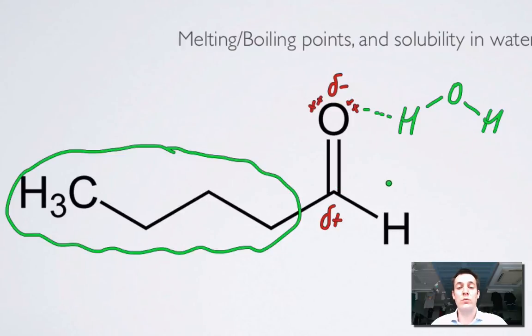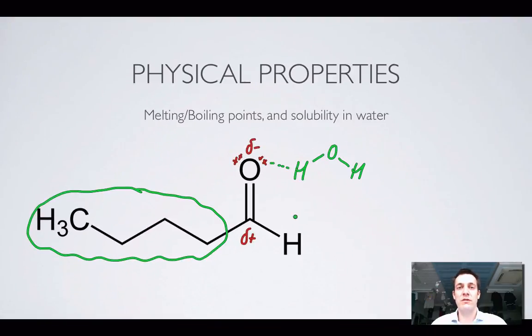And also, we wouldn't expect them to be quite as soluble as alcohols because the hydrogen of an aldehyde can't be used to hydrogen bond. Okay, so we'd expect them to be soluble and to have higher boiling points than alkanes, but not to be as soluble as alcohols or to have such high boiling points as alcohols.